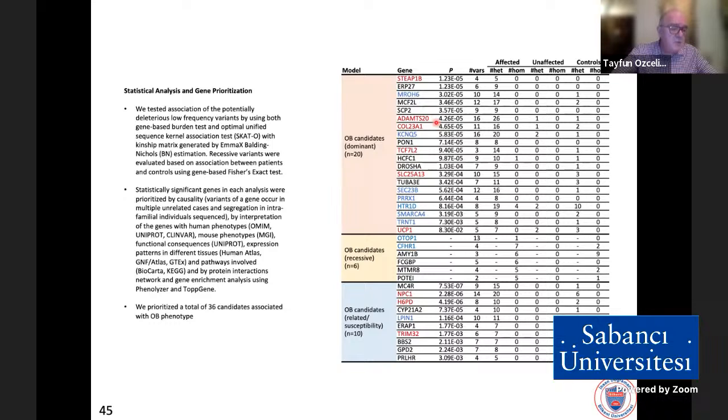P-values are the highest P from each model, and the numbers are related to that P. In total, we have 271 variants in 36 genes, and together with our collaborators, we are working on prioritizing these novel gene variants, which we hope will identify new obesity genes.